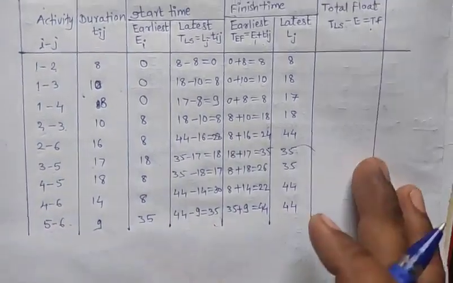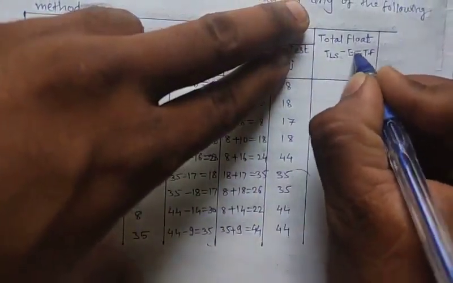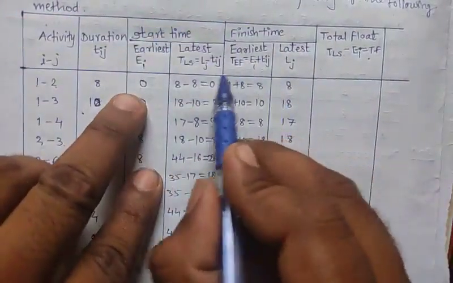Now to calculate total float. So total float has formula TLS minus EI.